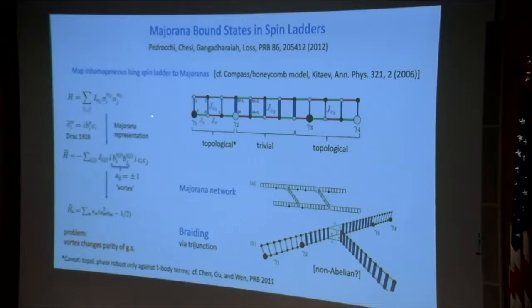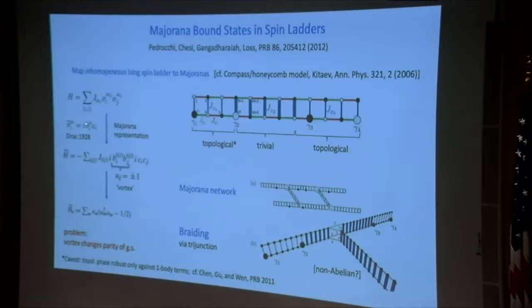And how do you proceed to see Majoranas in this system? It's actually rather simple. You represent the spin algebra, the Pauli spin operators, by the Dirac representation. This is what Dirac introduced many years ago in terms of gamma matrices, and if they are in a real format, then you just call them Majoranas.